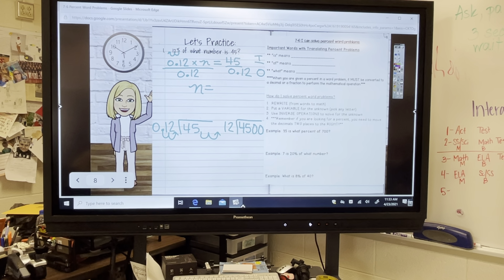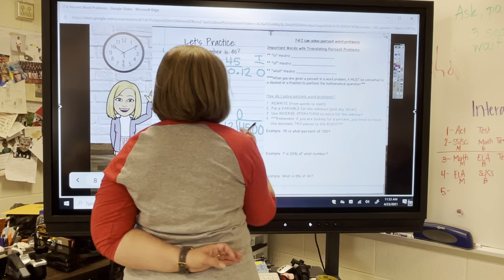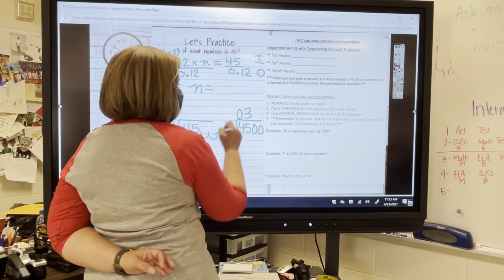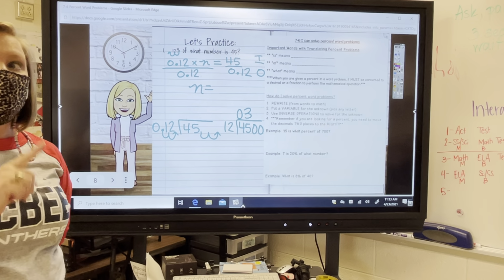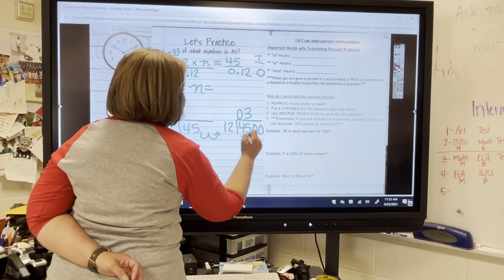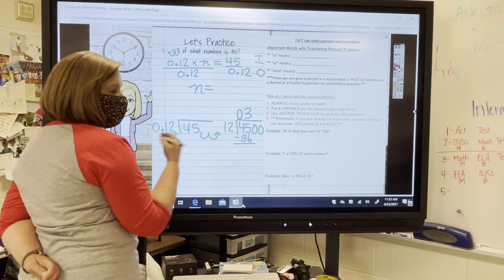How many times will 12 go into 45? 3. 3 times 12 is 36. 45 minus 36 is 9. Bring down the 0: 90.